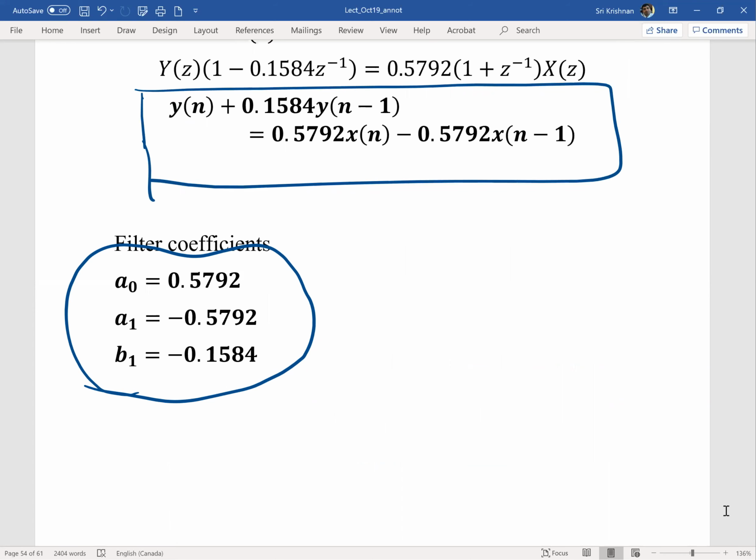For example, A0 is 0.5792, whereas A1 is negative 0.5792. So we can't even mess up the sign there. Even a simple change of sign will have a drastic impact on the filter characteristics. Okay, so as much as possible, we should try to retain these numbers and also program it in a way that the numbers are not being bothered.